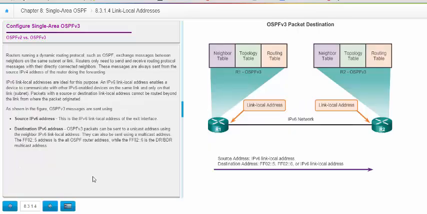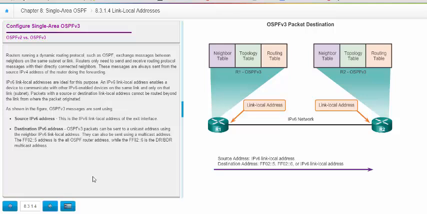Now, if we look at the OSPF version 3 packet destination, something we need to keep in mind is that routers running a dynamic routing protocol such as OSPF exchange messages between neighbors on the same subnet or link. Your routers only need to send and receive routing protocol messages with their directly connected neighbors. So only if they're connected to each other are they going to send information back and forth. With your IPv6 link local addresses, it's only going to send information to that link local.